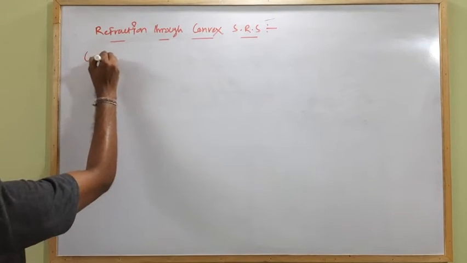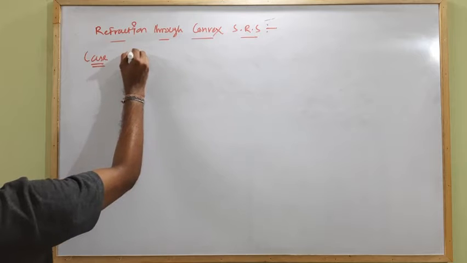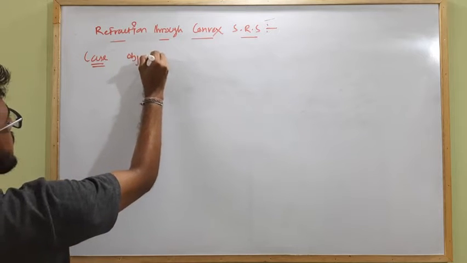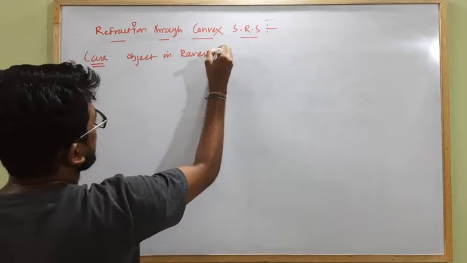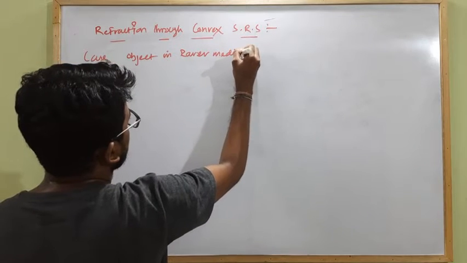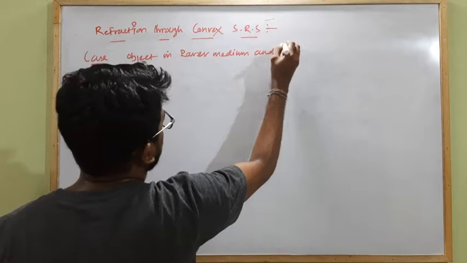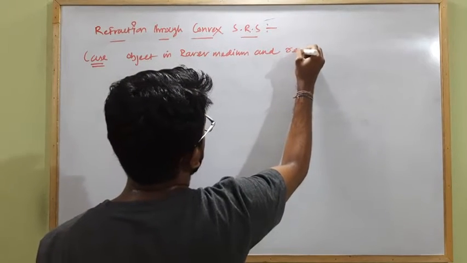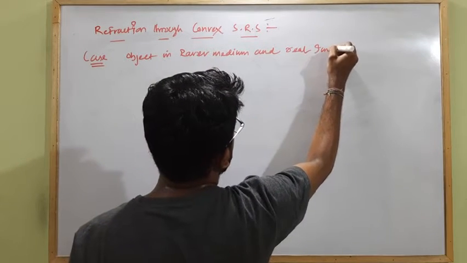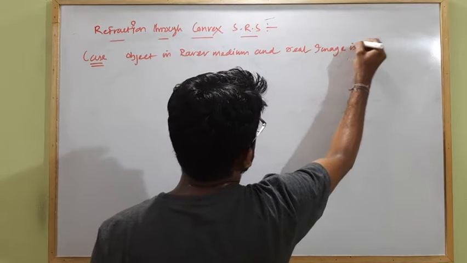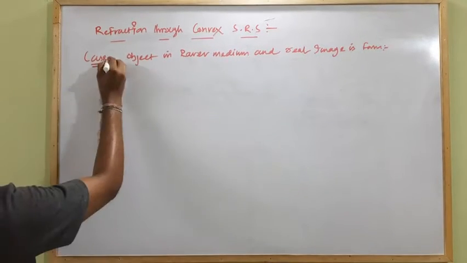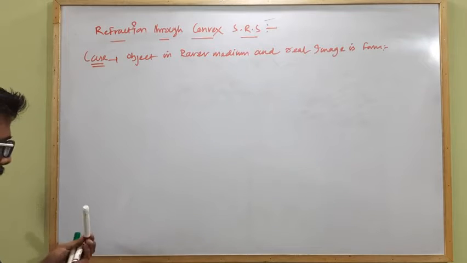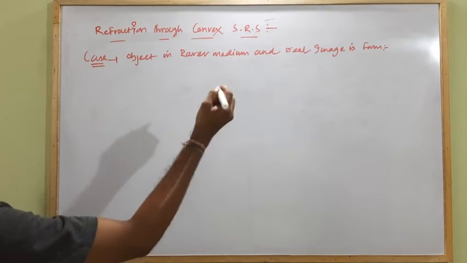Case 1: object in rarer medium and real image is formed. Okay, so the case 1, object in rarer medium and real image is formed.